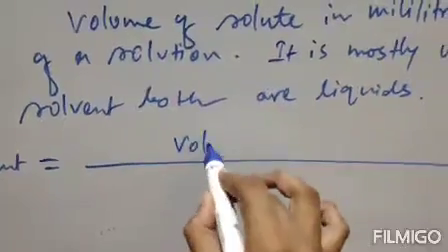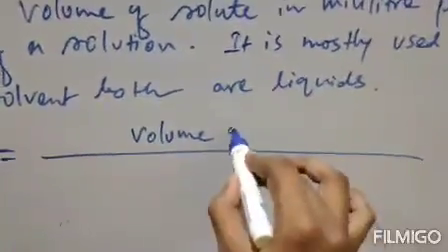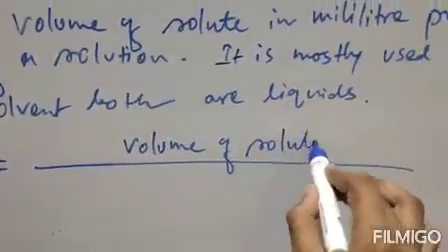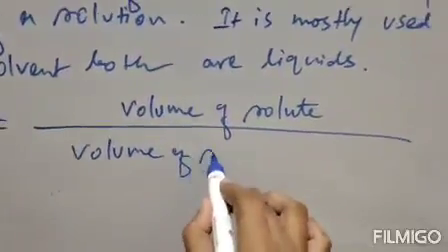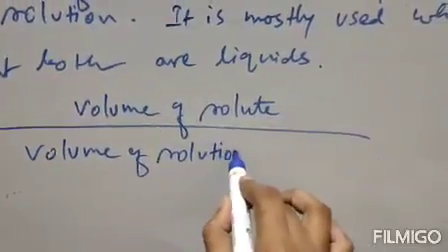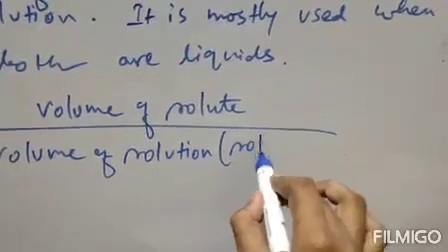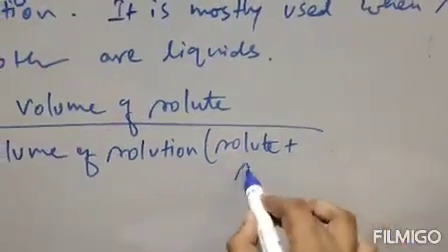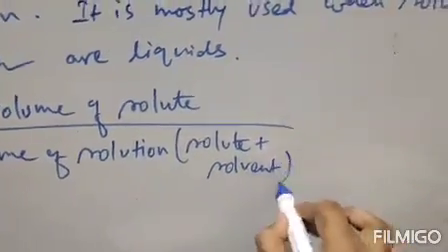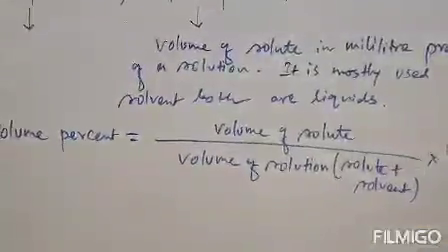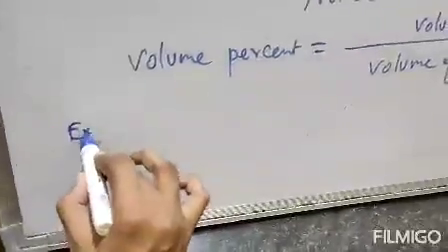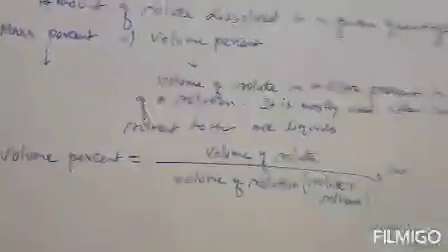So in the numerator, that is volume of solute. In the denominator, it is volume of solution. Solution means solute plus solvent, into 100. That is the formula for volume percent. Clear? So where is it used?